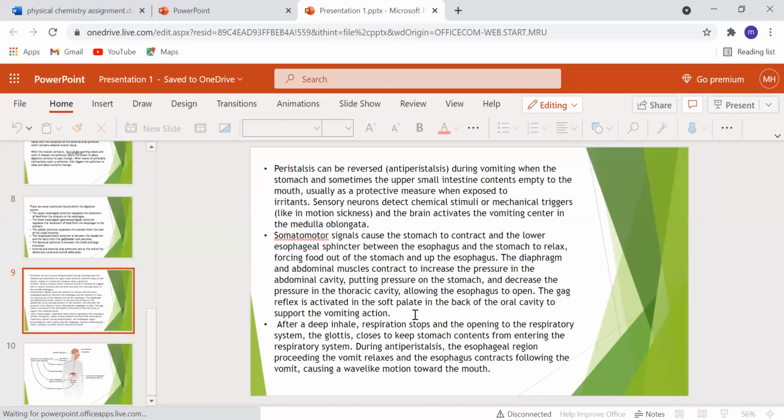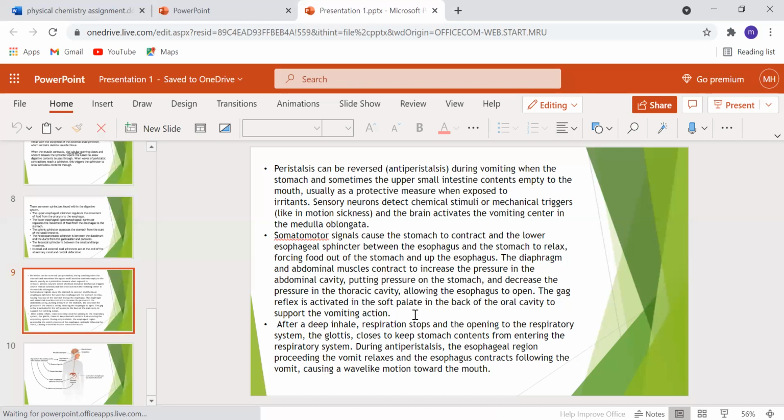The gag reflex is activated in the soft palate in the back of the oral cavity to support the vomiting action. After a deep inhale, respiration stops and the opening to the respiratory system, the glottis, closes to keep stomach contents from entering the respiratory system.